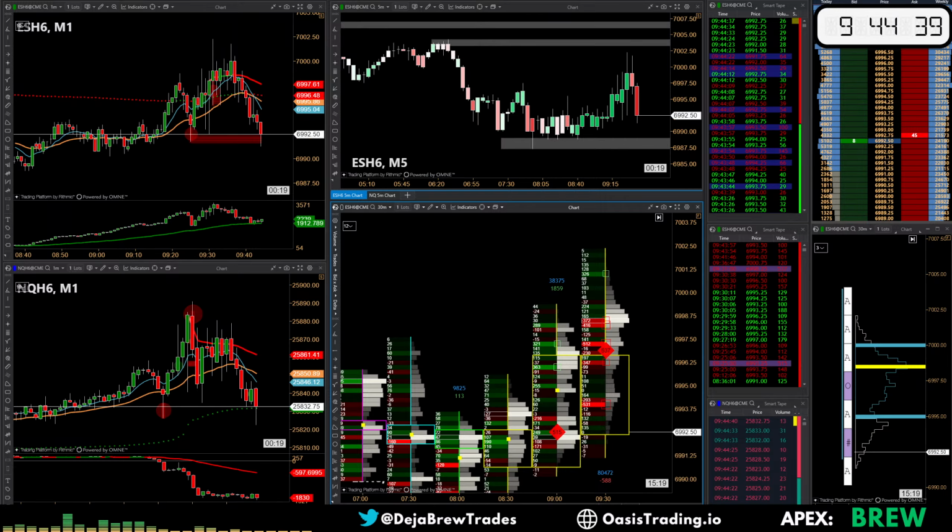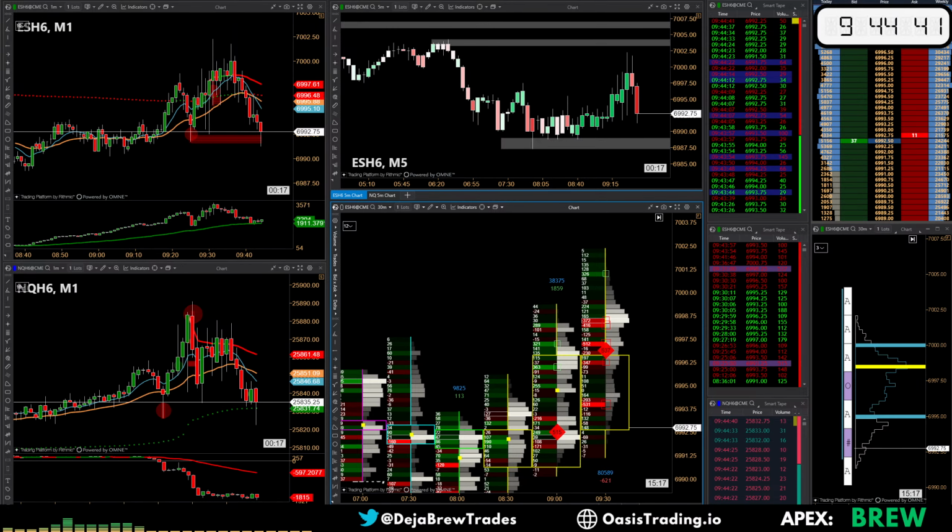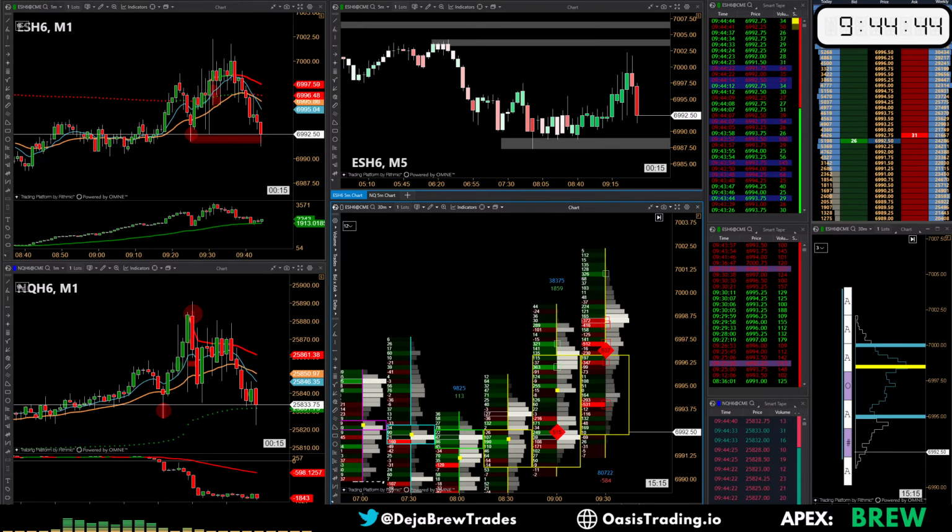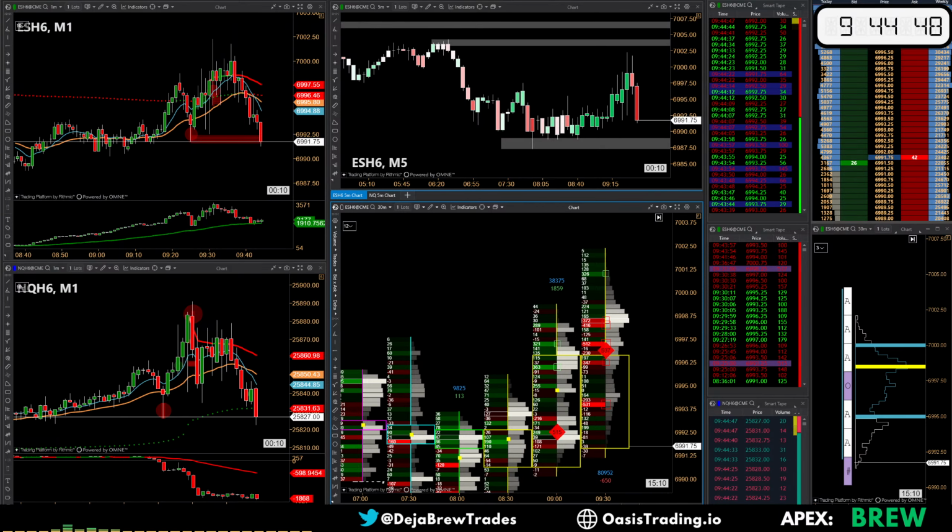Here's that VWAP on NQ, pulling away from it on ES, so pushing away from 96, 97 here. Delta's not entirely bearish on ES, hasn't given up just yet.